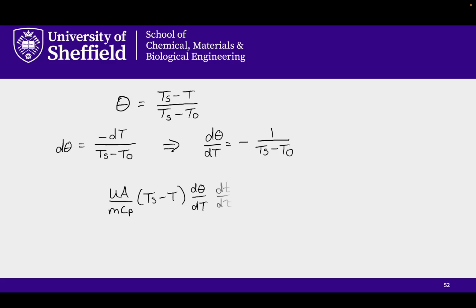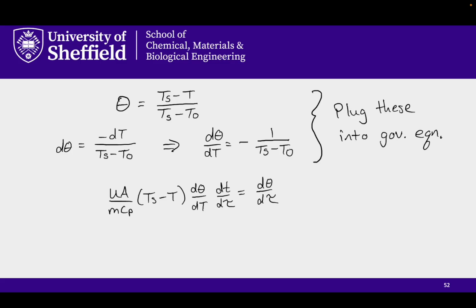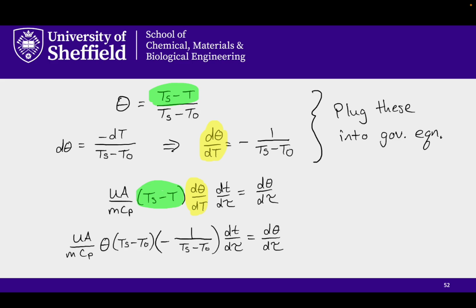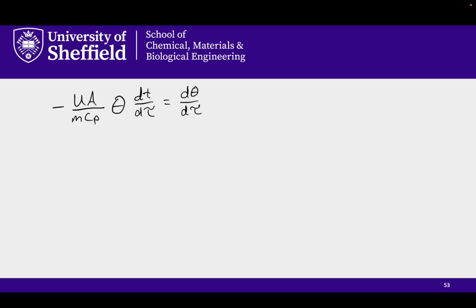And if we plug all of that back into our governing differential equation, we get what looks like an algebraic mess. But in fact, these terms cancel, and it simplifies our governing equation. So now we've gotten rid of the dimensional temperature variable.